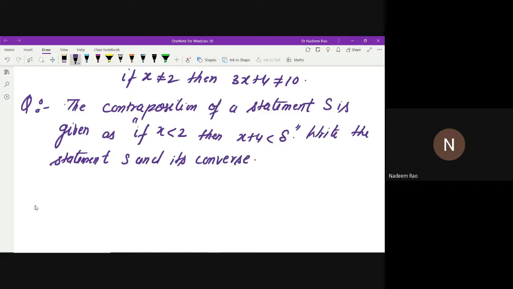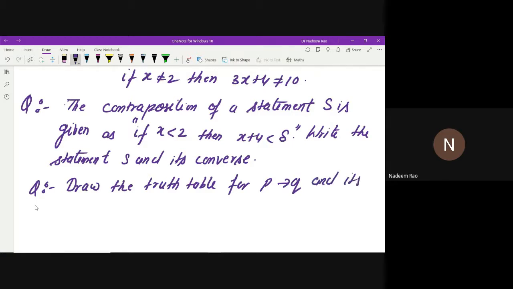Another question I am writing here for your practice. Draw the truth table for P implies Q and its contraposition, converse and inverse.